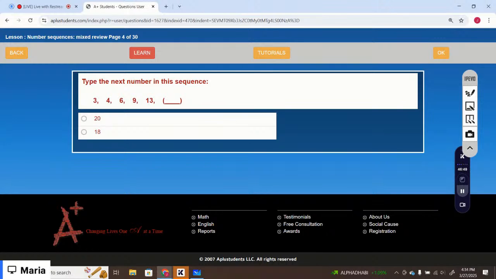Very good. Option number 2 is the correct option.